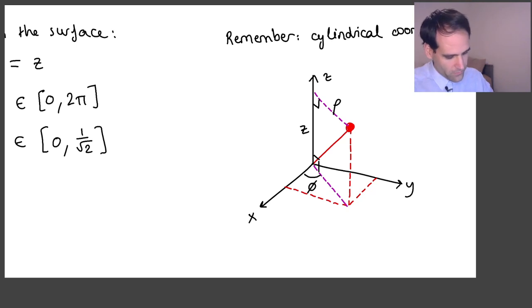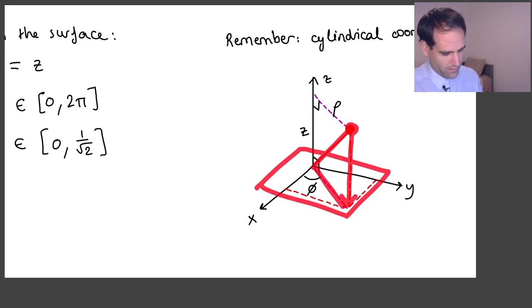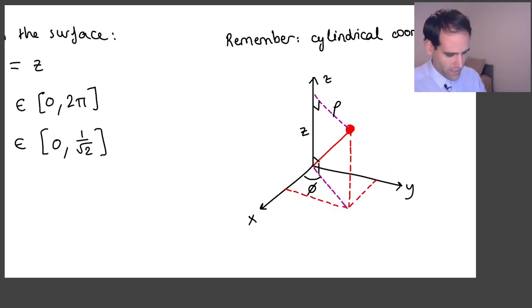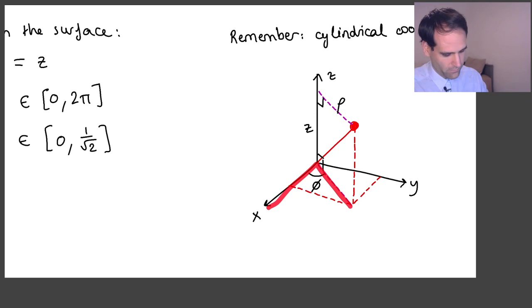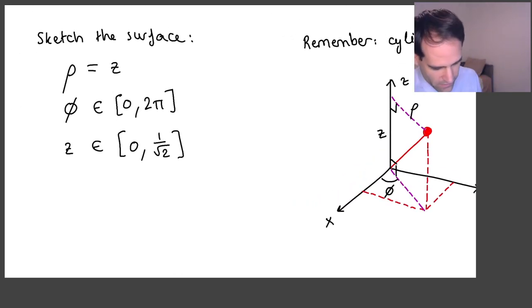Then the value of rho is this distance here, the distance between the point and the z-axis, which can also be described as the distance of the projection of your point into the xy plane. And phi is the angle in the xy plane between the x-axis and the projection. Now sketch the surface given by this.